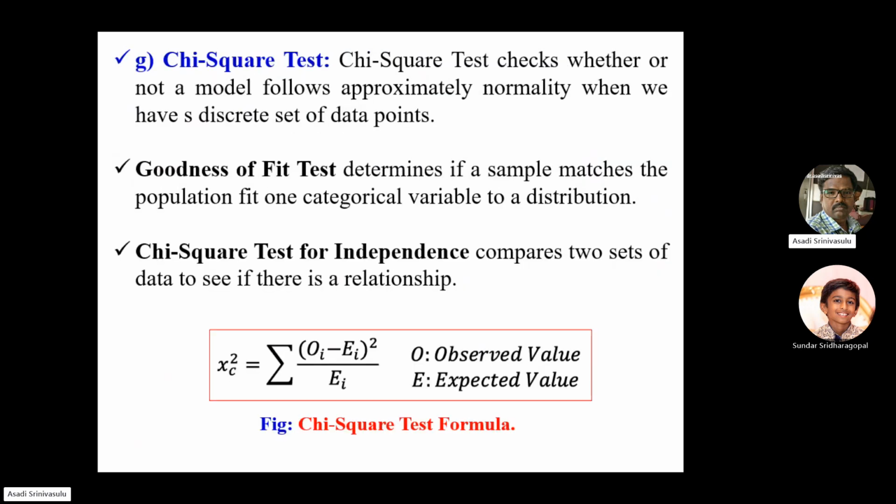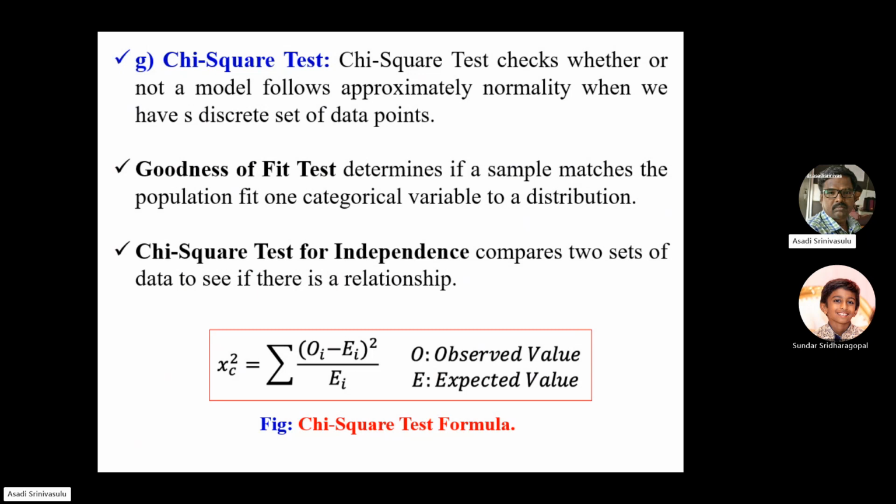Then the chi-square test checks whether or not a model follows approximate normality when we have a discrete set of data points. Suppose I am calculating the population of India and it is giving that model. Suppose I am using a regression model like linear regression, logistic regression or non-linear regression. Approximately it is giving the values and we are finding the normality when we have a discrete set of data points.